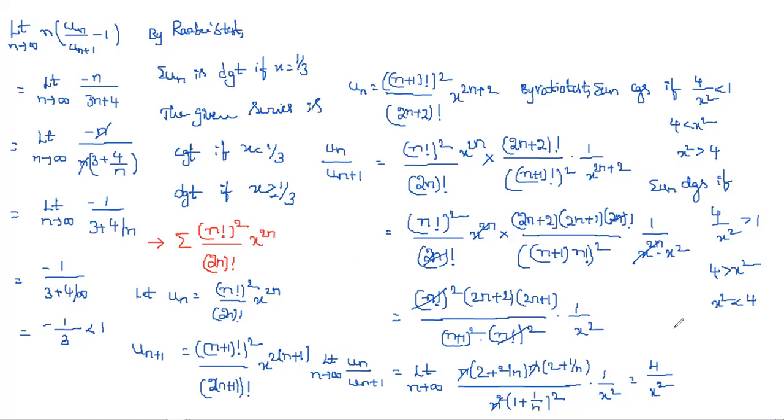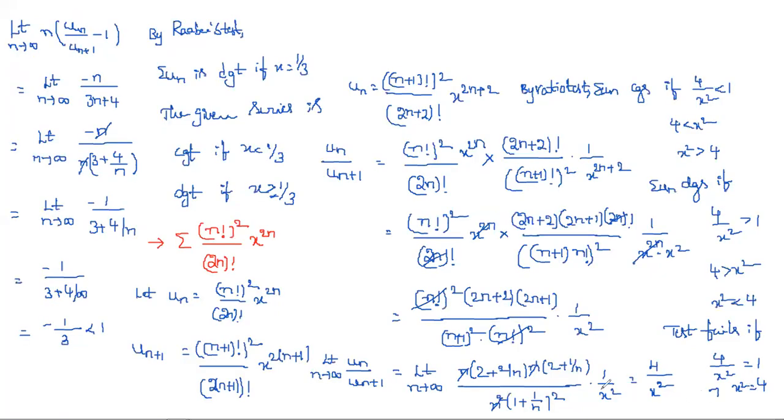And the test fails if 4 by x square is equal to 1, that is nothing but x square is equal to 4. So when the test fails, x square is equal to 4. Now you need to calculate when x square is equal to 4. So for that, take the case now when x square is equal to 4.